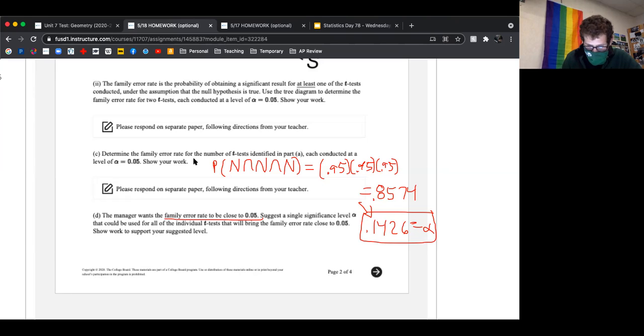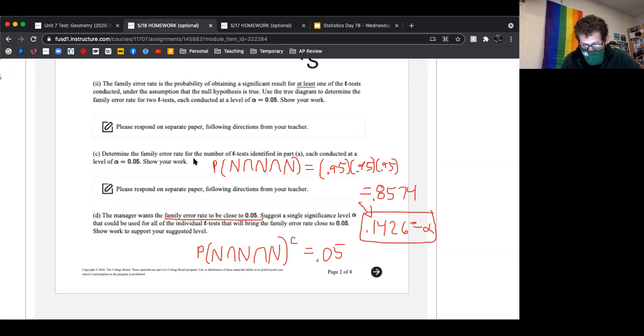Well, this is where I want to show this again. We want to get 3 non-statistically significant results. And we want the complement of this to be 0.05.